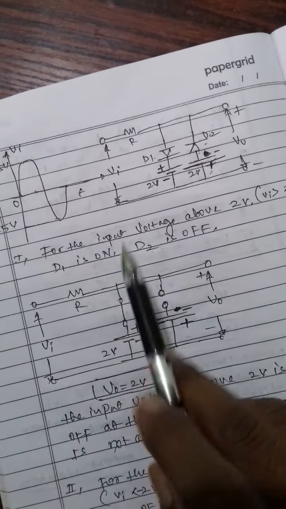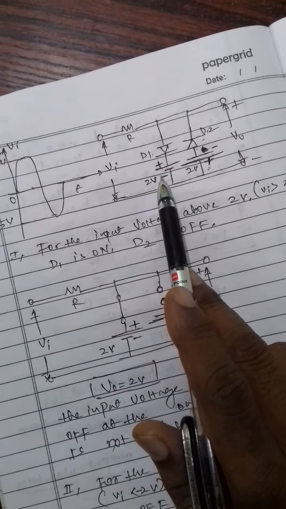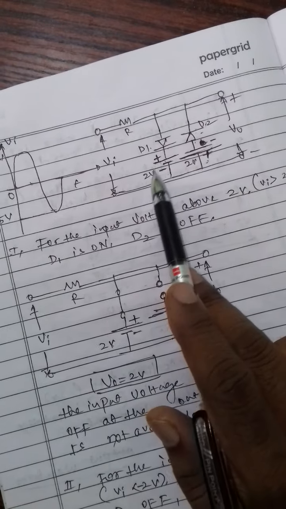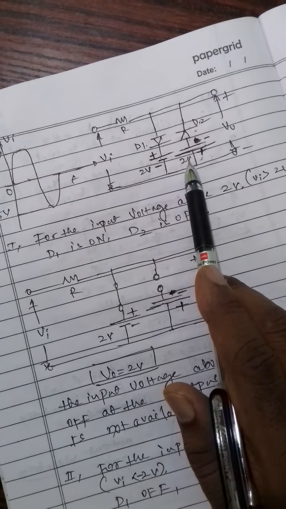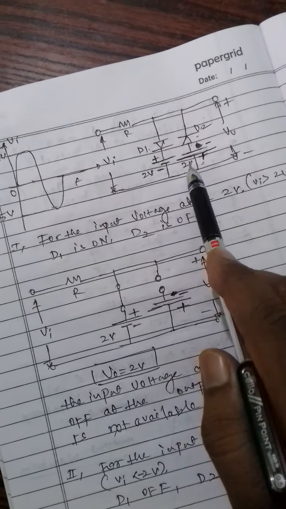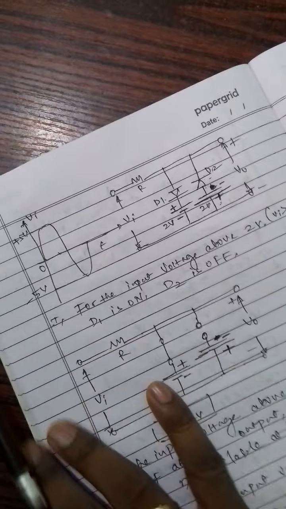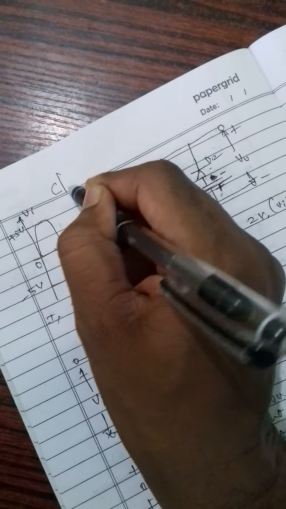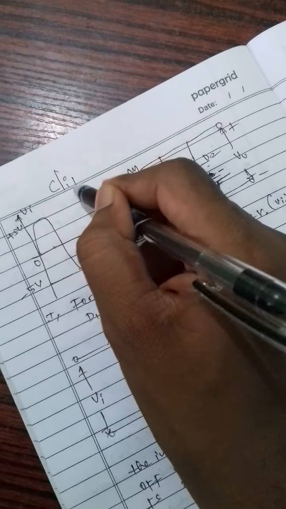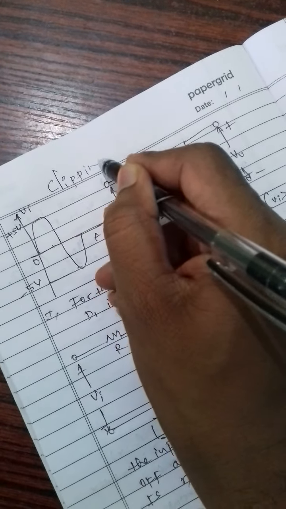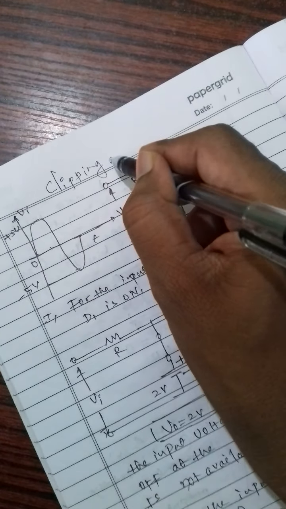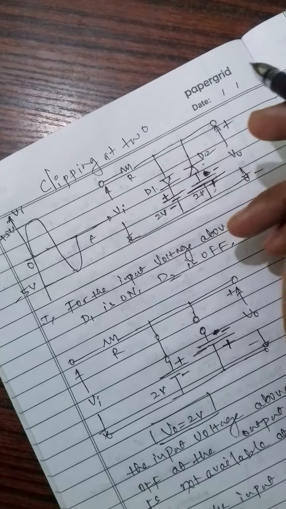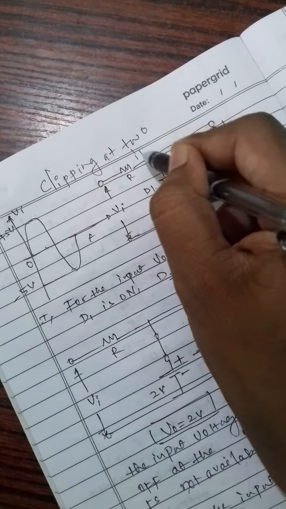But with two levels you shall clip the input voltage above two levels. This type of circuit is also known as clipping at two independent levels.